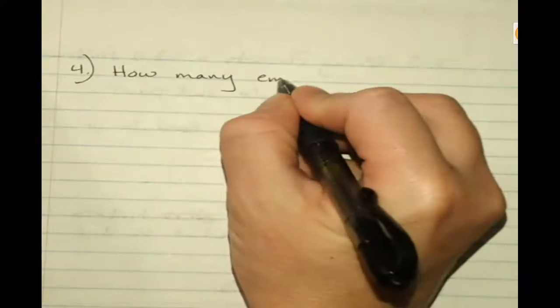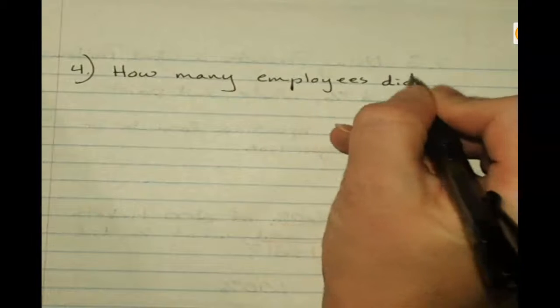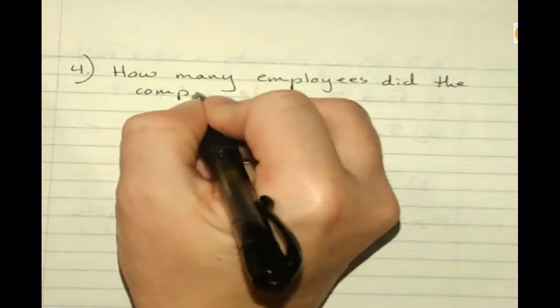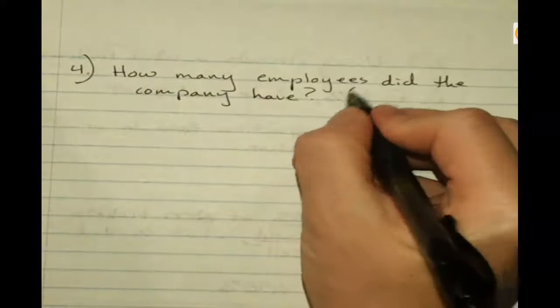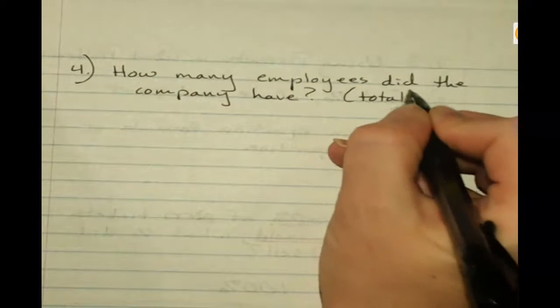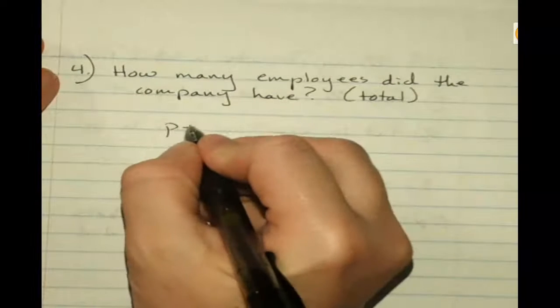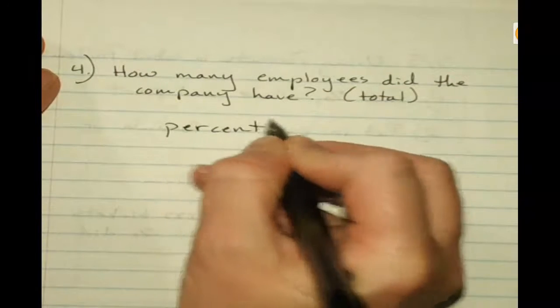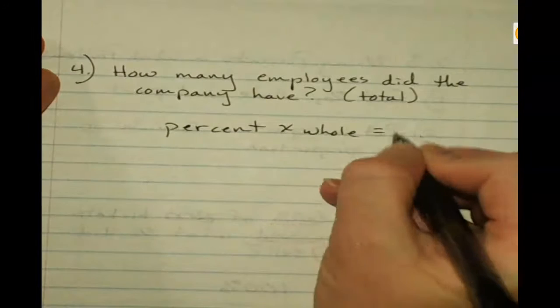So how many employees did the company have? So they're asking, how many total employees do they have? That means all together. So we would Hold on, no. So here's my formula, percent times whole equals part.